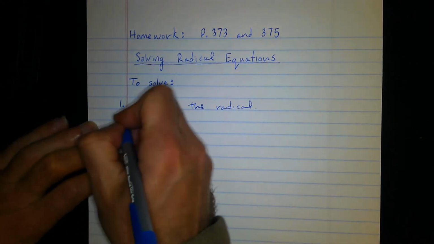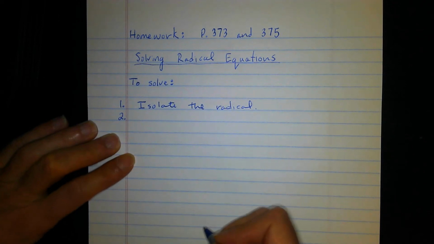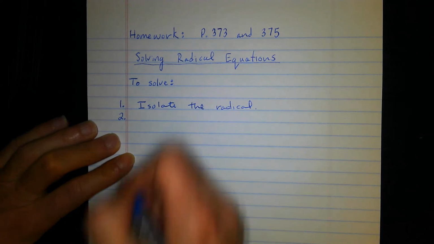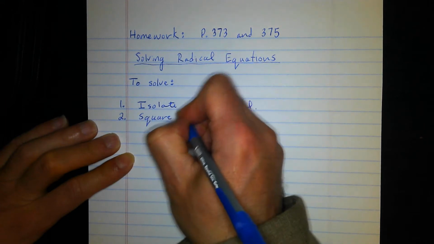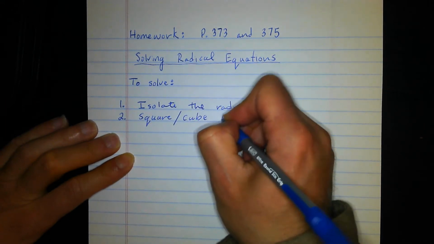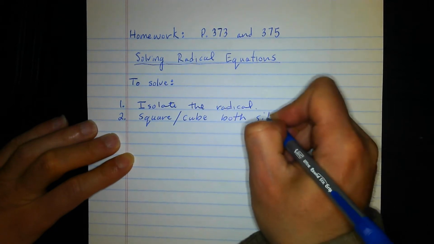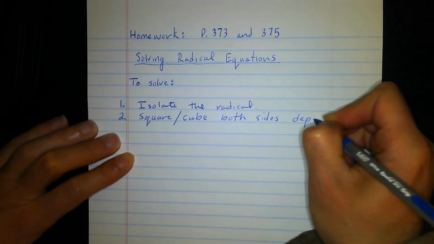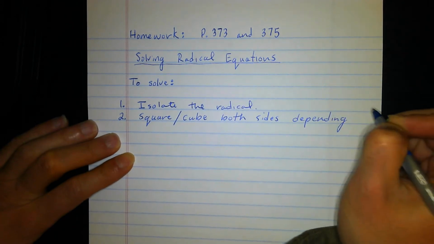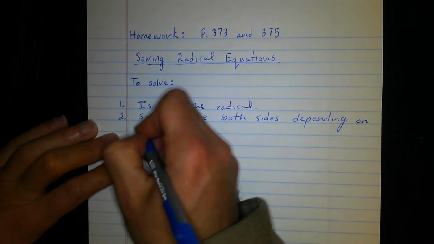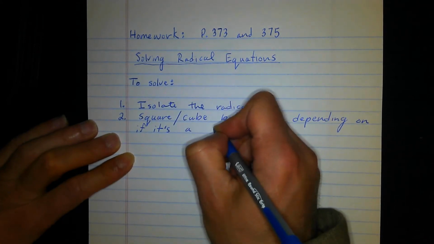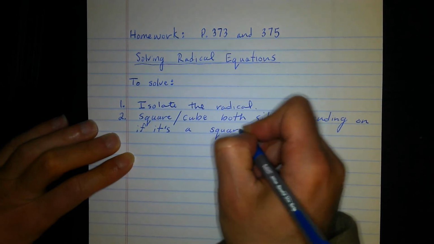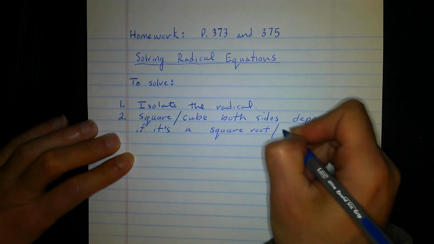And then two, we're going to square both sides or cube both sides depending on if it's a square root or a cube root. So I'm going to say square, cube, both sides, depending on if it's a square root or cube root.